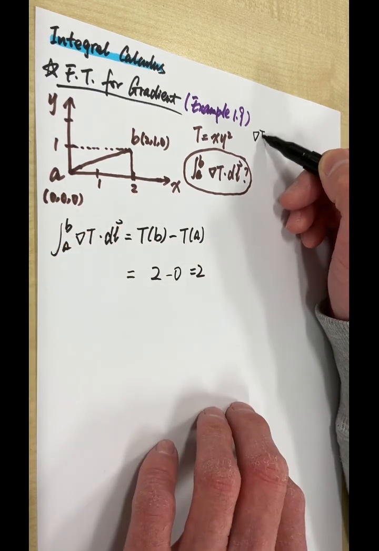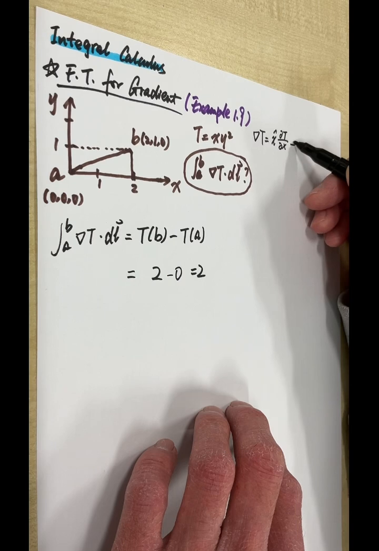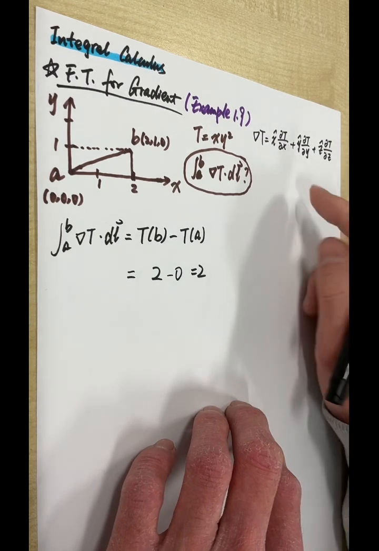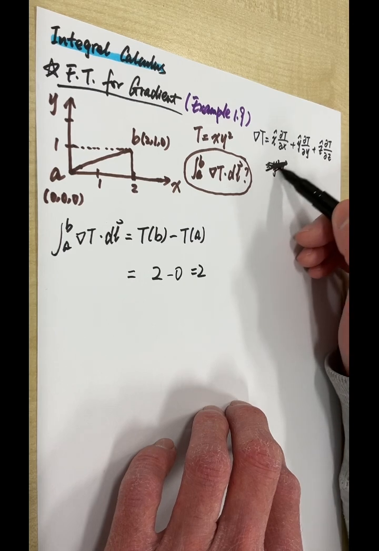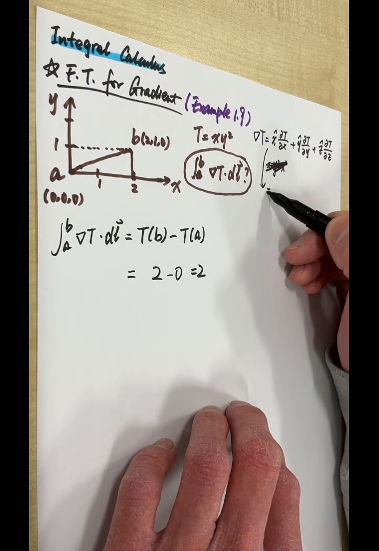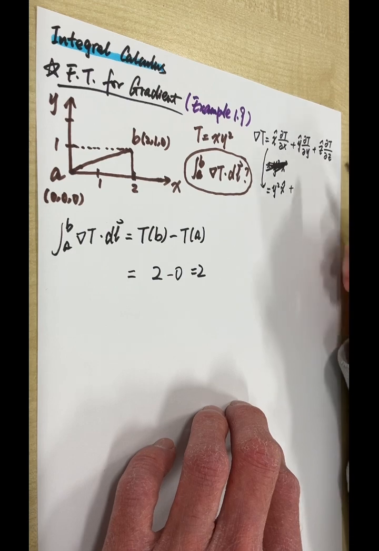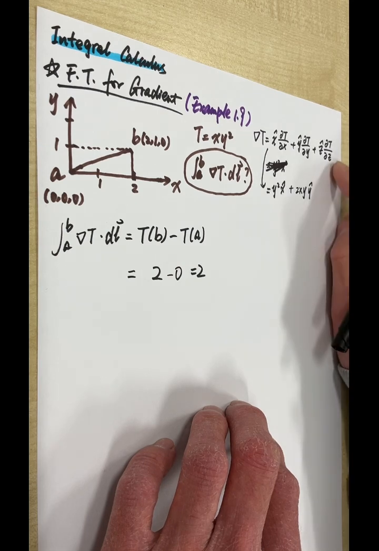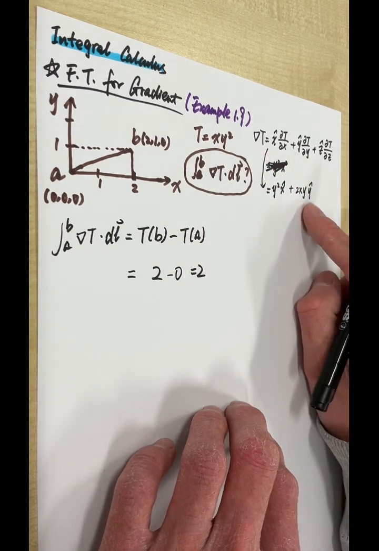The gradient equals the x direction dT/dx, the y direction dT/dy, and the z direction dT/dz. Sorry, I made a mistake. dT/dx gives us y squared in the x direction, and dT/dy gives us 2xy in the y direction. dT/dz, there's no variable z here, so that's just 0. So this is the gradient.